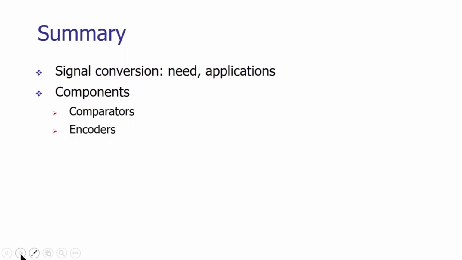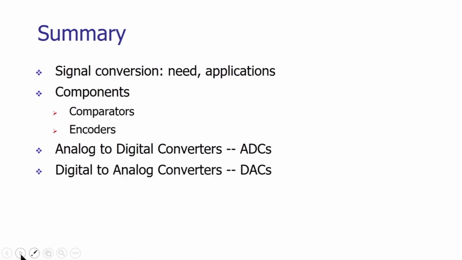We have seen how they work and what their applications are. Then we saw how to convert analog to digital form of signals and how to convert digital format into analog format. For that purpose, we discussed 2 techniques.